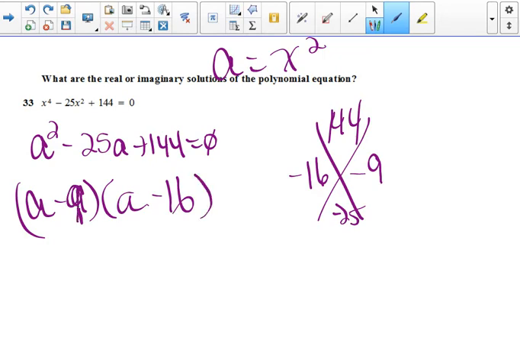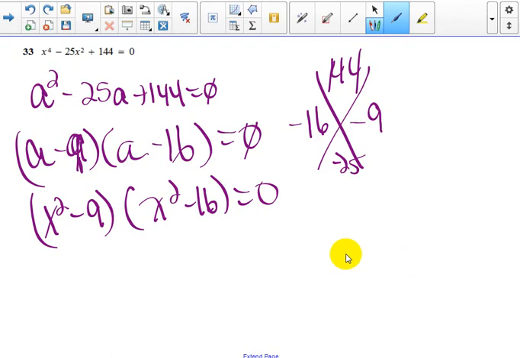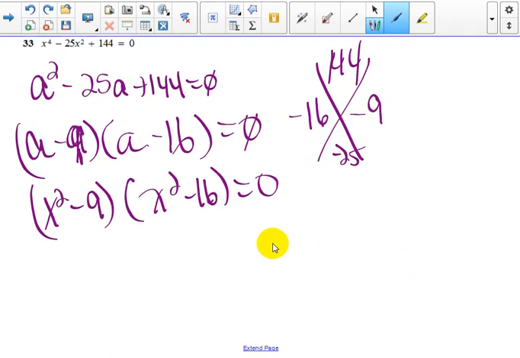Boy, it's messy. Equal 0. So now let's put our substitution back in. So what was a? X squared. So x squared minus 9 times x squared minus 16 equals 0.